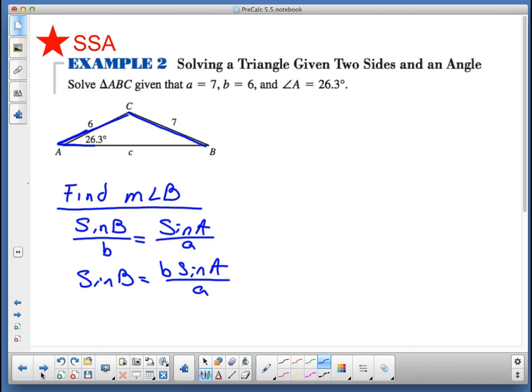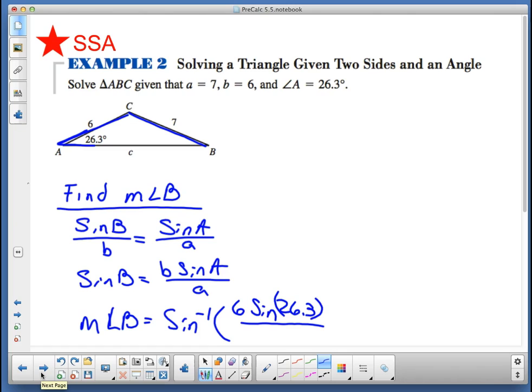Okay, I'm going to pop in my numbers. So I've got sine of B, that's what I'm looking for, and eventually I'm going to take the inverse sine. So the measure of angle B is the same as the inverse sine of B. I'm just going to put the number in. B is actually 6. Sine of A was 26.3. Okay, close out those parentheses, folks. And then on the bottom, I just got A, which is 6.